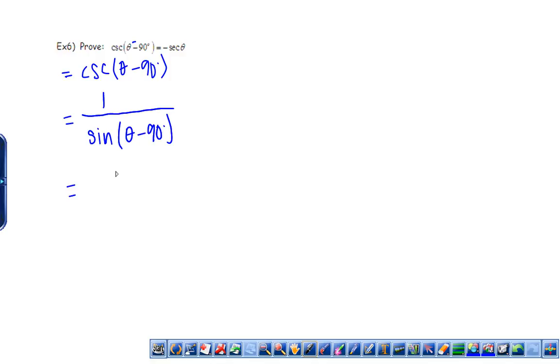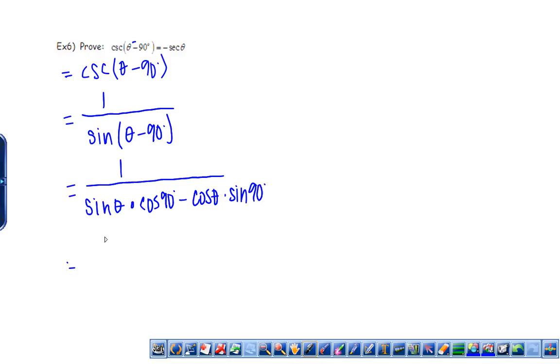Okay, by using a sine property now, I can say sine of theta times cosine of 90 degrees minus cosine of theta times sine of 90 degrees. Okay, let's simplify this.